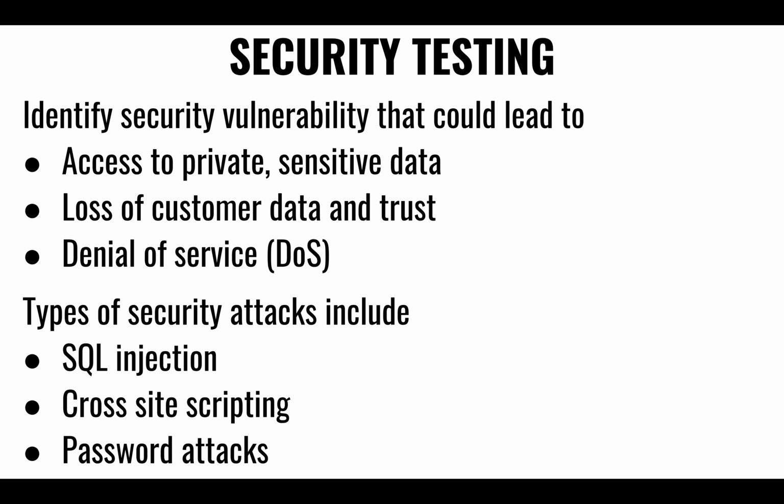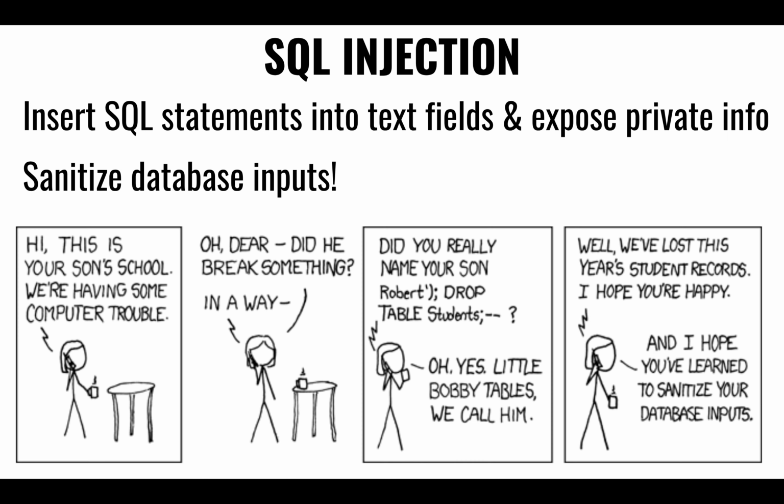Some of the types of attacks include SQL injection, where we send SQL snippets as part of input fields, and hope for those to be concatenated against other fields and executed literally on the database, exposing some of the data in the back end. Cross-site scripting and password attacks.